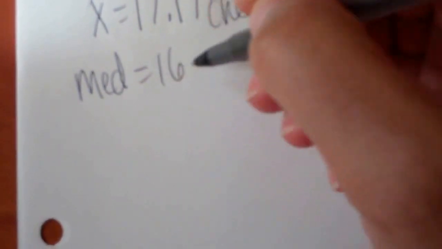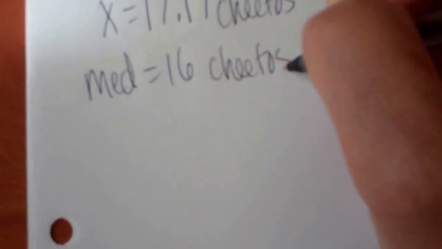Let's write down some information. This has a mean of 17.17 Cheetos. It also has a median of 16 Cheetos. We found that. We also have an IQR of 6.5 Cheetos.